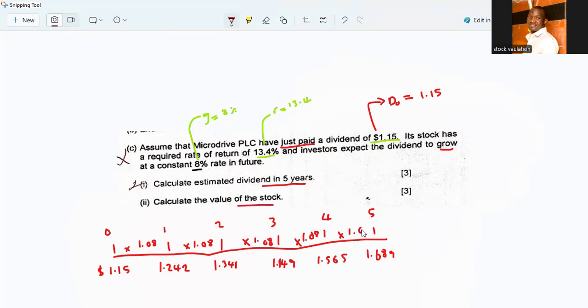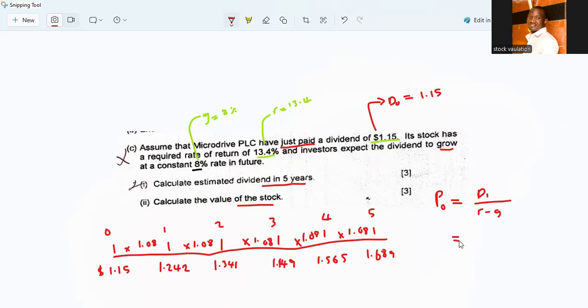Then how do we calculate the value of the stock? Who remembers the formula? Value of the stock is equal to D1 over R minus G. Somebody substitute.